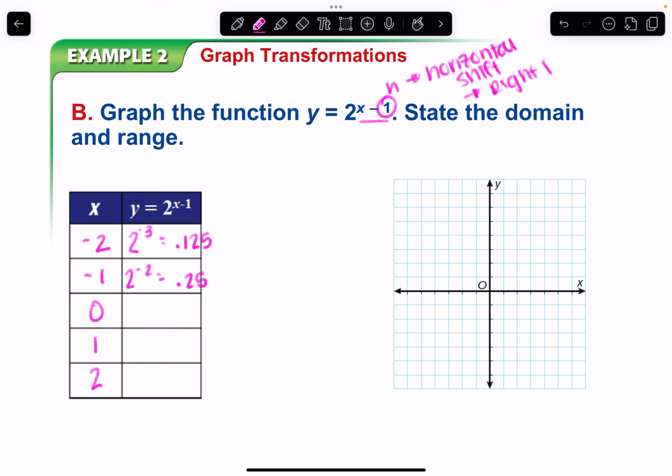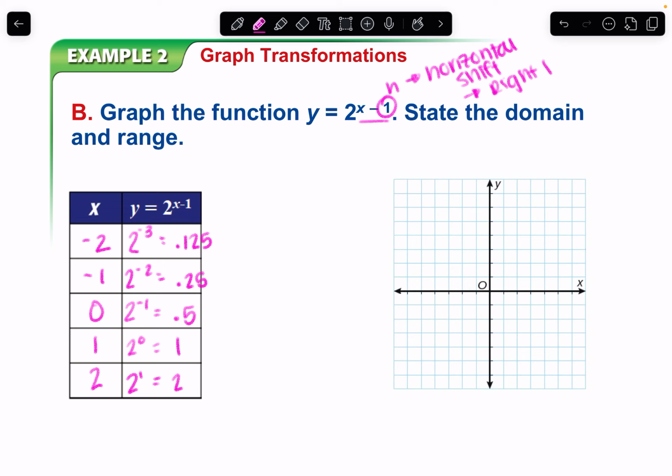This would end up being 2 to the 0 minus 1 power, which is 2 to the -1st power, which will give me 0.5. 2 to the 1st power minus 1 is going to give me 2 to the 0 power, which is equal to 1. And then 2 to the 2nd power minus 1 would give me 2 to the 1st power, which is just going to equal 2. Again, some of those you can do in your head or use a calculator, check yourself.